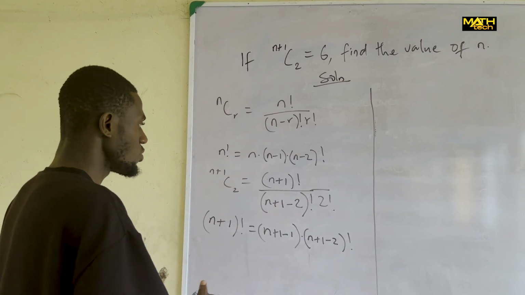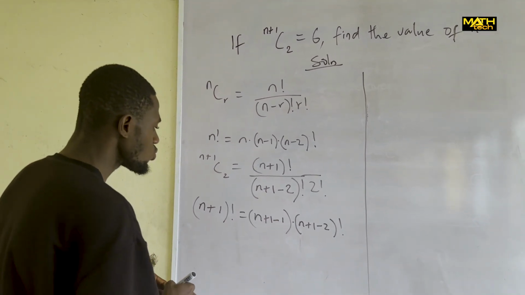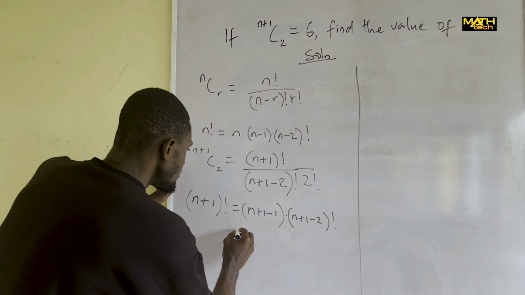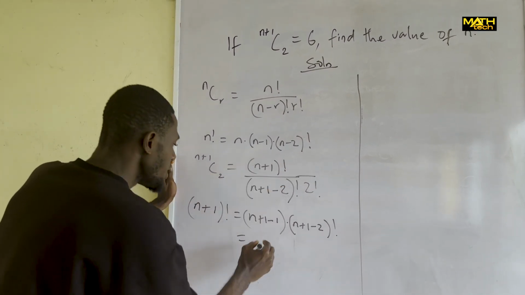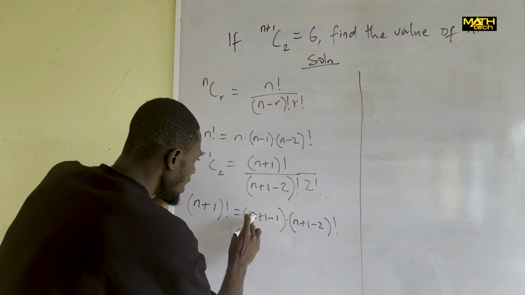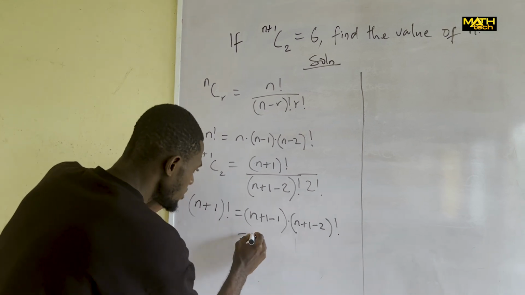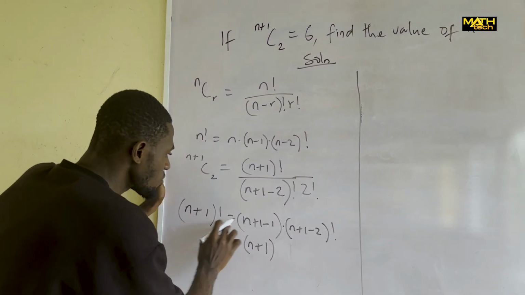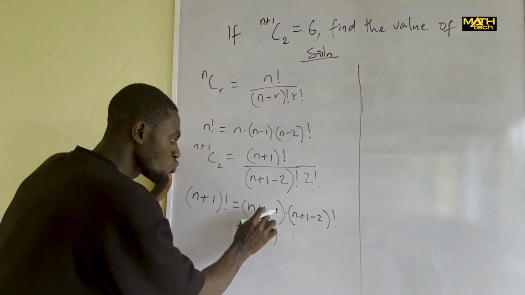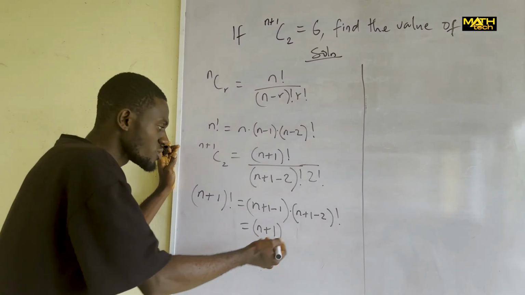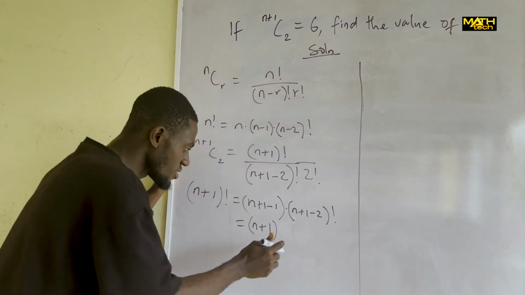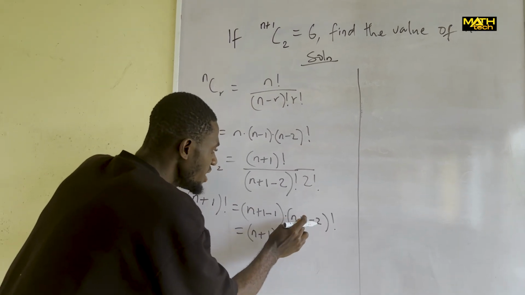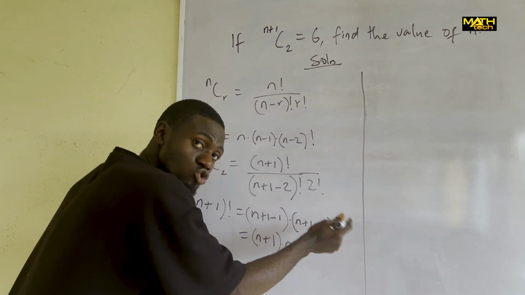So in our numerator, n plus 1 is what we are given. The factorial of this will be n plus 1 minus 1, and 1 minus 1 is 0, so we'll be having only n left, times n plus 1 minus 2.